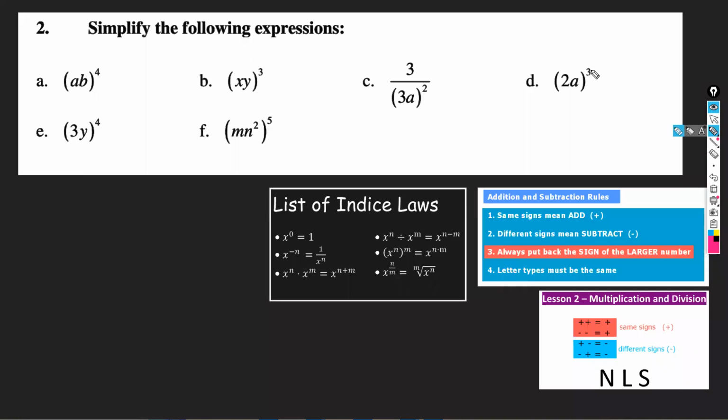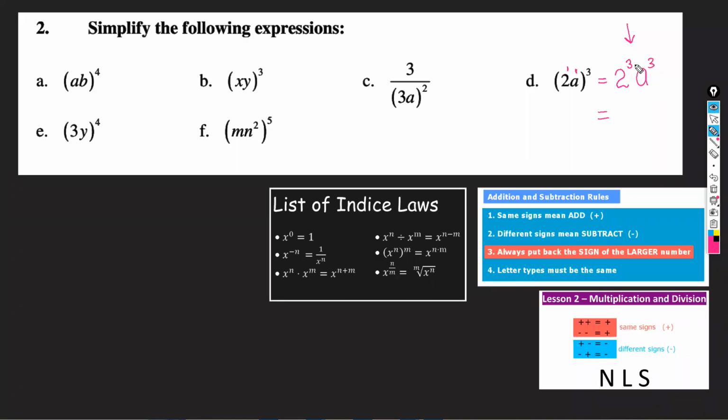Now, D is pretty easy. You have a 2 and an A, and there's a secret multiply. We know this is 2 to the power 1 and A to the power 1, right? So all the powers here get multiplied by 3 because the powers are separated by brackets. So you get 2 to the power 3 and A to the power 3. Now, mathematically, this is correct, but we could simplify this a little more, because we could easily work out 2 to the power 3 off the top of your head.